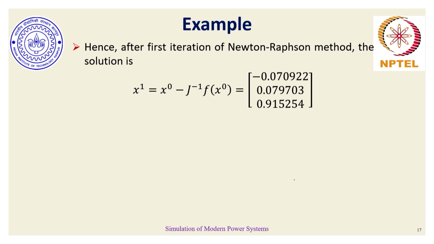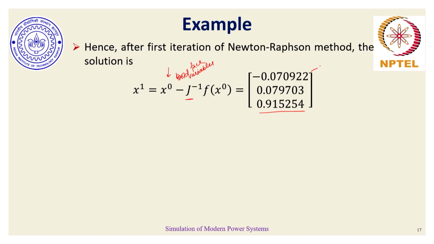We use the update equation as defined. All equations here or variables should be boldface variables. I am sorry for the mathematical inconsistency. They are boldface variables. They are vectors actually. So, with this we get x1, which is the first iterative update of x. What is this x1?